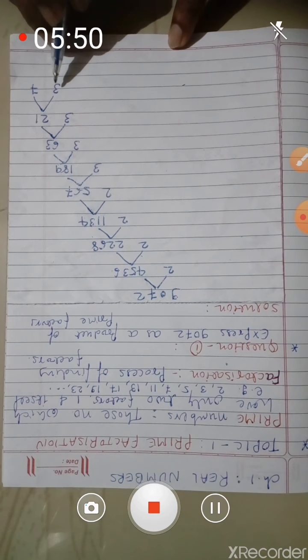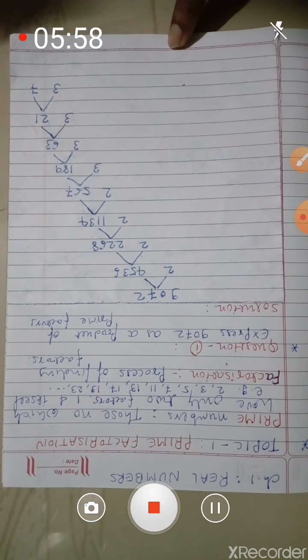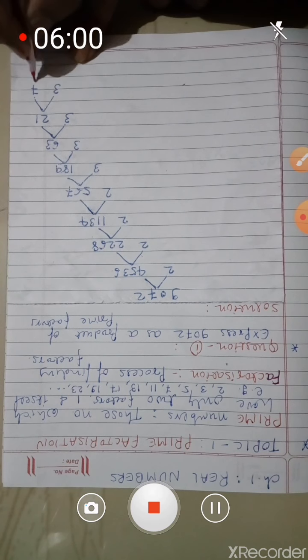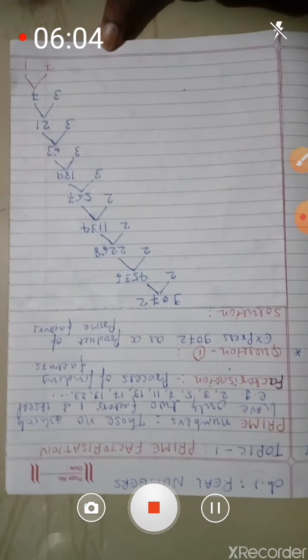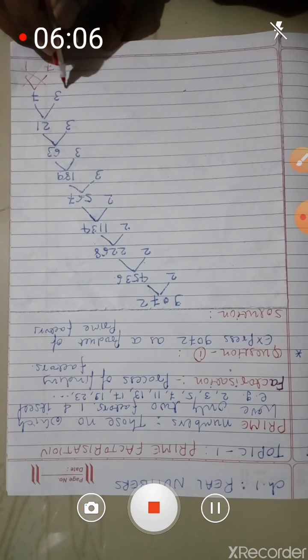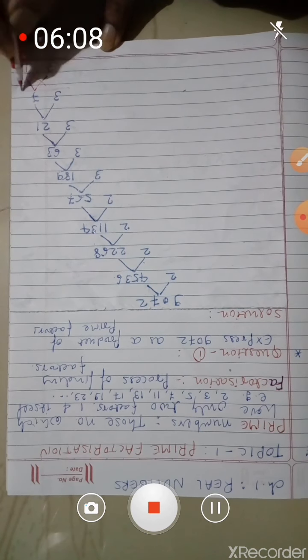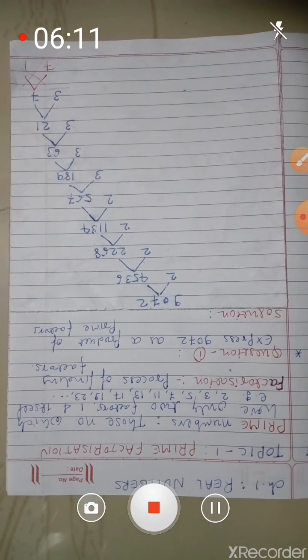Whenever you get both factors prime, at that time you have to stop there. Don't go ahead and don't write 7 ones are 7. That is obviously wrong. So don't write it this way. Stop at the step where both prime numbers are obtained.